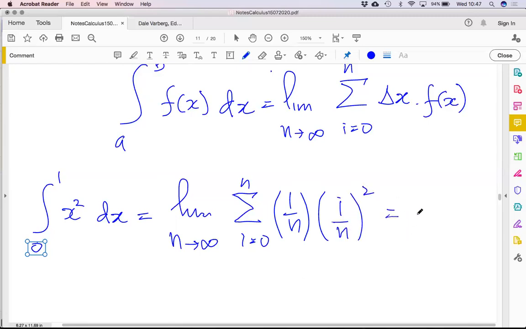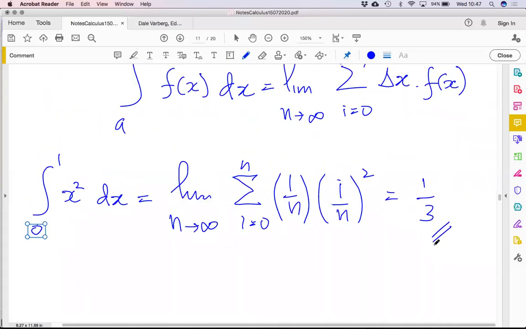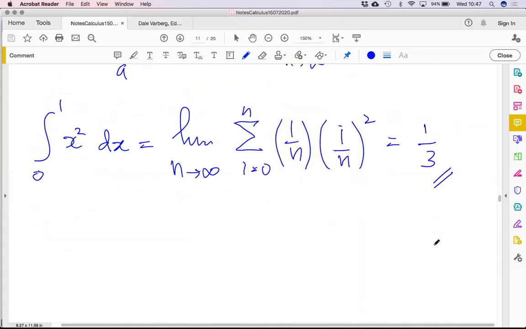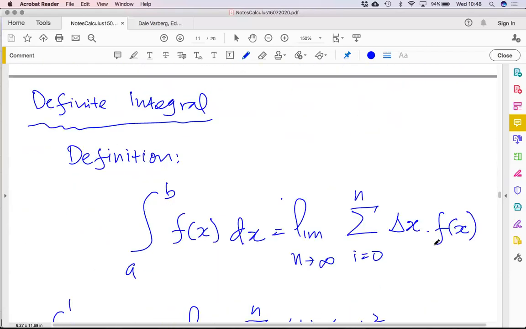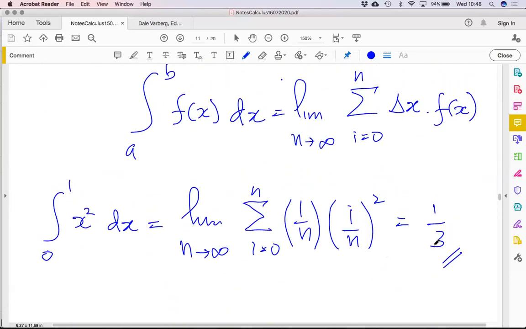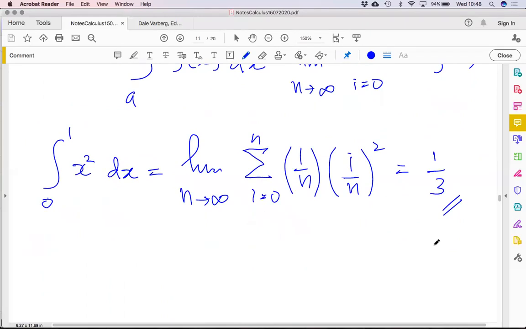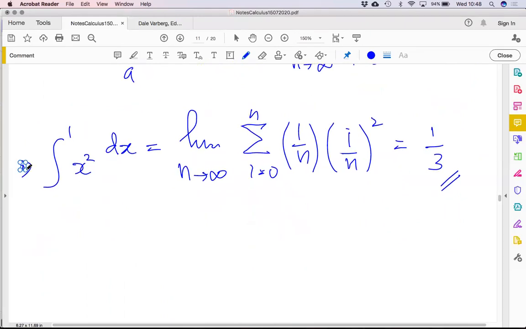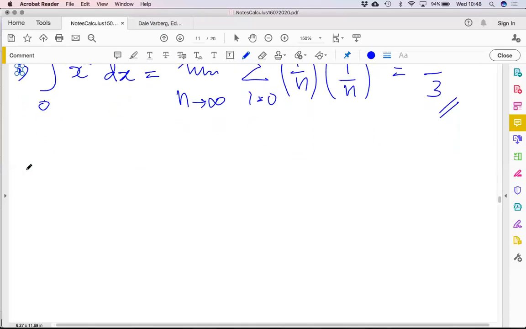And we have the result, which is 1 over 3. Okay, that is the Riemann sum and the definition of the definite integral.